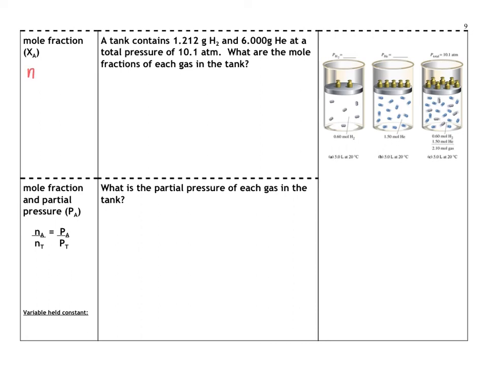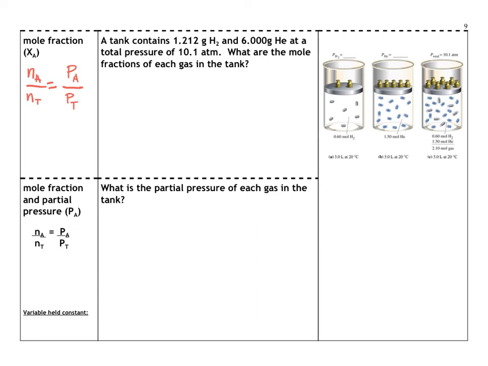If I take the moles of gas A and ratio it over the total moles in the container, I should see the same proportionality with pressure: the partial pressure of gas A over the total pressure of the system. They're proportional and equivalent to each other.